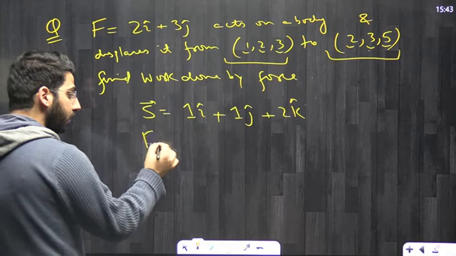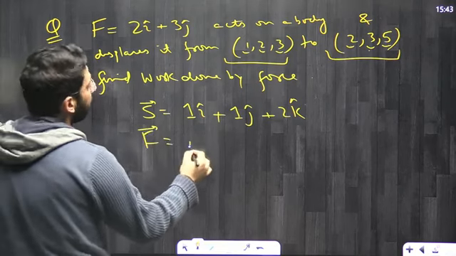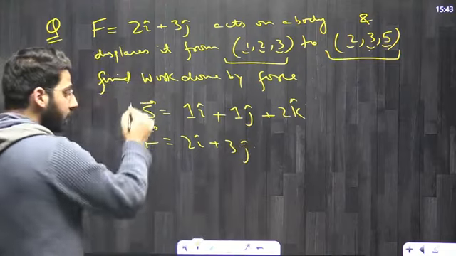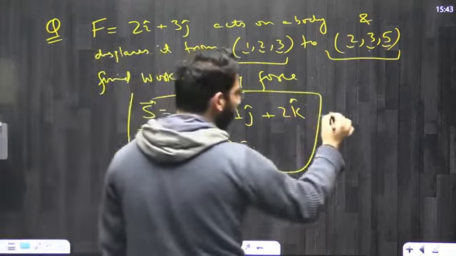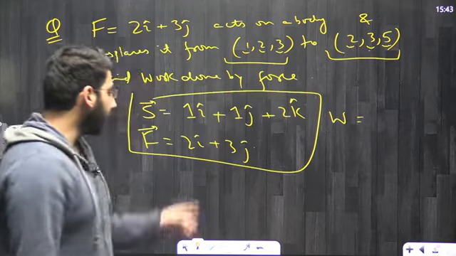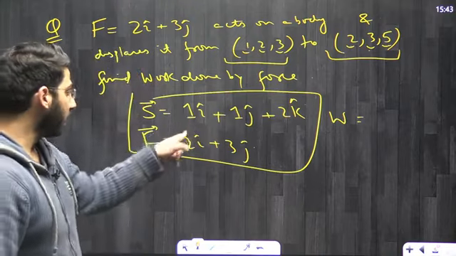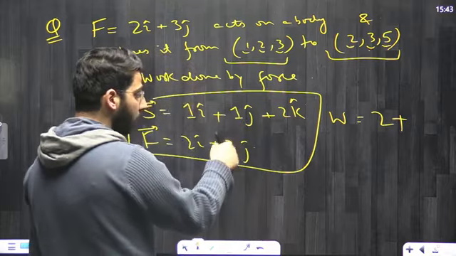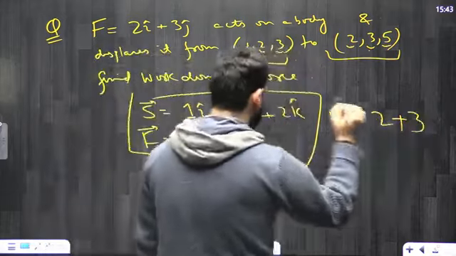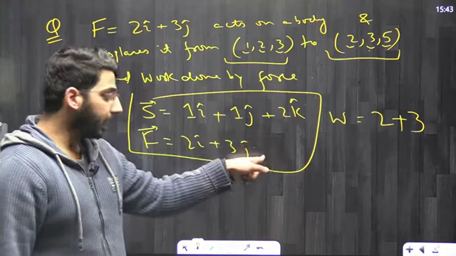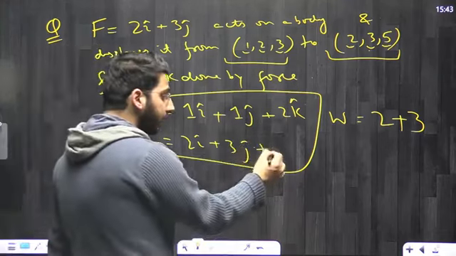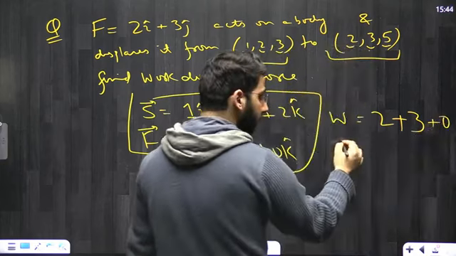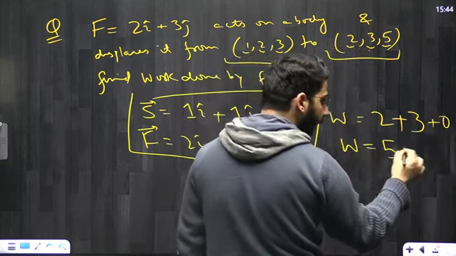And the force is clearly given as 2i cap plus 3j cap. When I do the dot product between these two, I take i cap with i cap, 1 into 2 is 2, plus j with j, 3 into 1 is 3, and then k cap is absent in the force, so I can assume 0 k cap, and 2 into 0 is 0. So 3 plus 2 is 5. The work done is 5 joules.